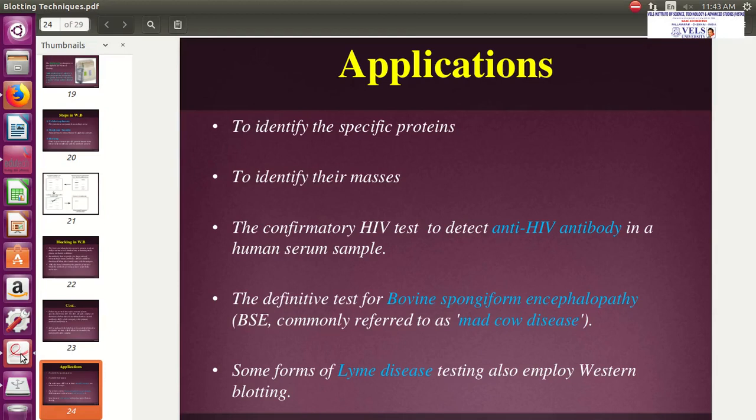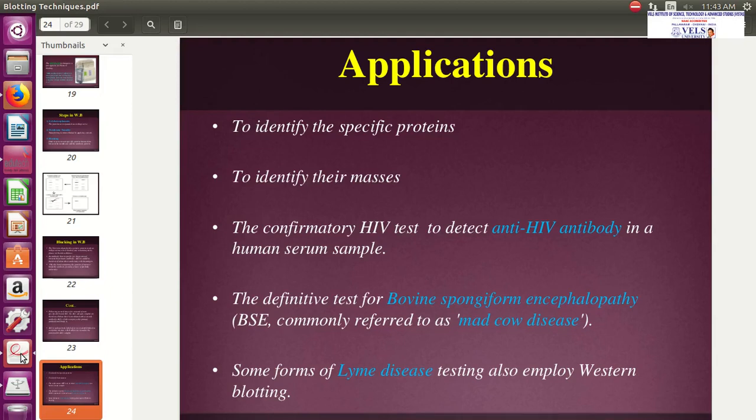Many case studies regarding HIV are very common and known to all of us. So it can easily detect the anti-HIV antibody present in the human serum sample.